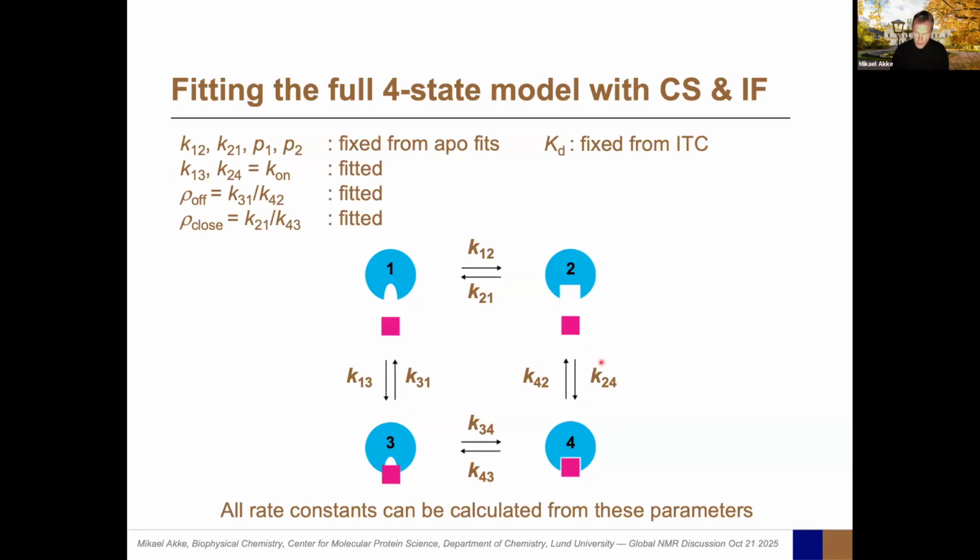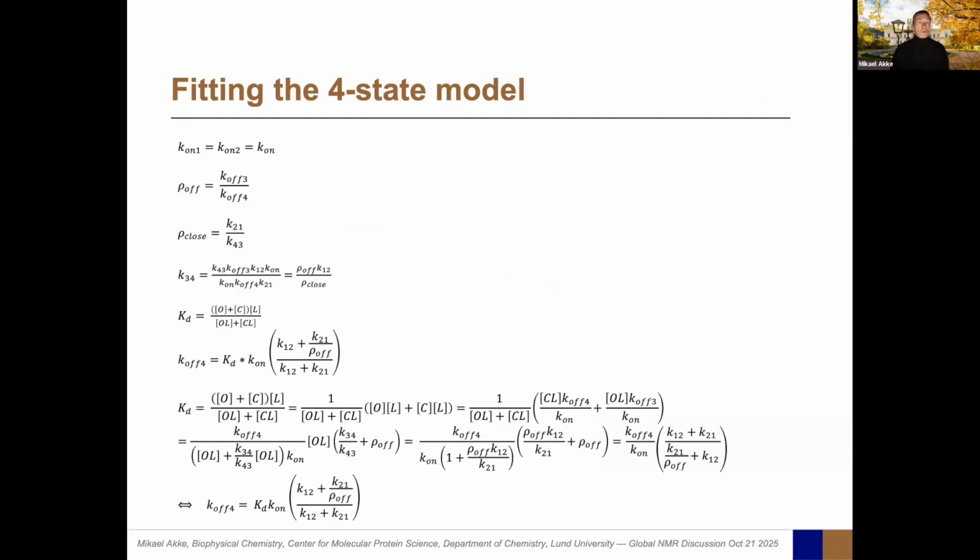And I think I actually have a slide further forward. Let's see if I can jump to there, where all the equations are expressed. So here's basically how you relate the KD to the microscopic states.